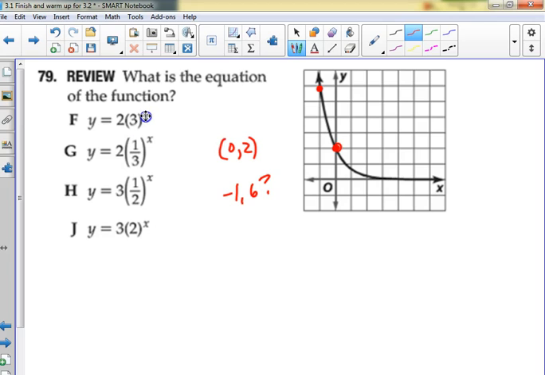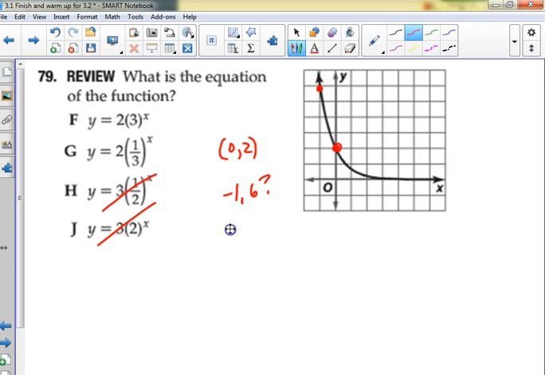Three to the 0 is what? 3 to the 0 is 1 times 2 is 2, right? 1/3 to the 0 is 1 times 2 is 2. But these two, that would give me 3, right? Okay, you're scaring me because no one was. All right, so now, well, if we're down to those two, which one is it?